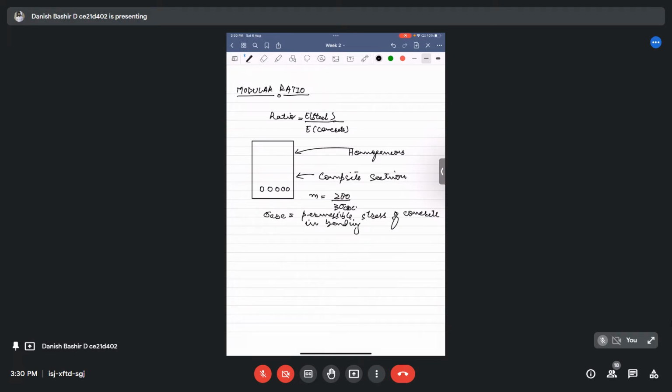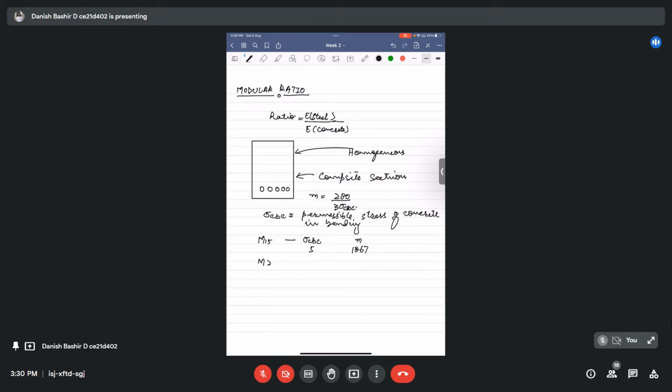This modular ratio is given in the code. It has different values for different grades of concrete. For example, if I take M15 concrete, the code defines sigma CBC for M15 as 5, and the corresponding modular ratio m as 18.67.